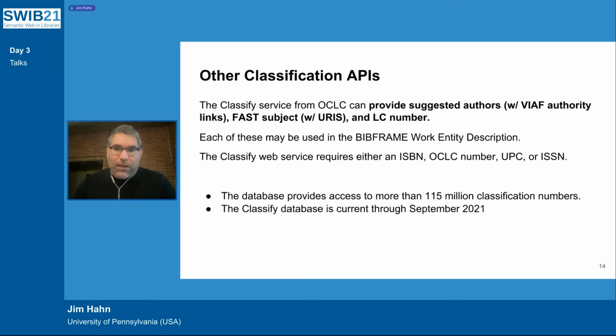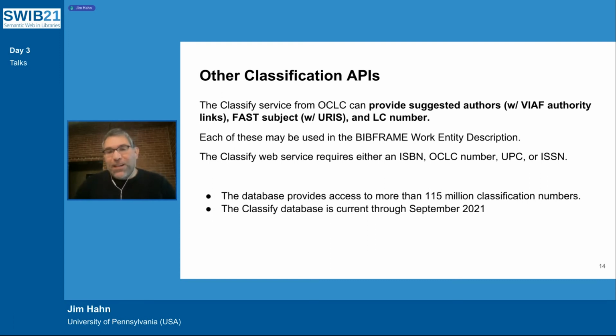You can get back suggested authors, FAST subjects with URIs, and a Library of Congress shelf number, call number. That's useful in the sense that it meets the objective of trying to streamline an entity description using already existing data, actually using the work that catalogers have already put in.